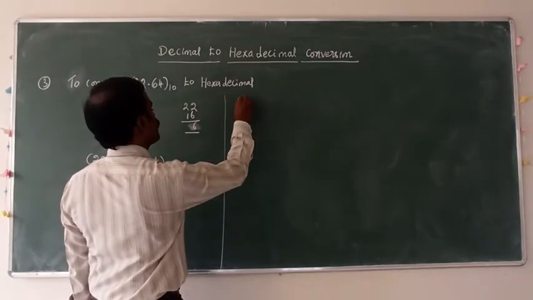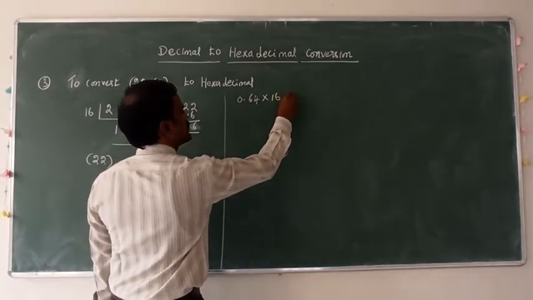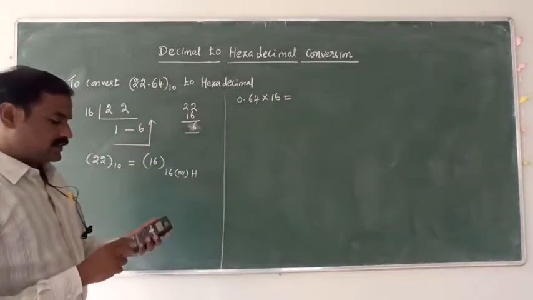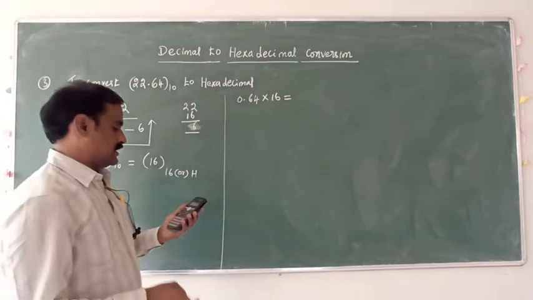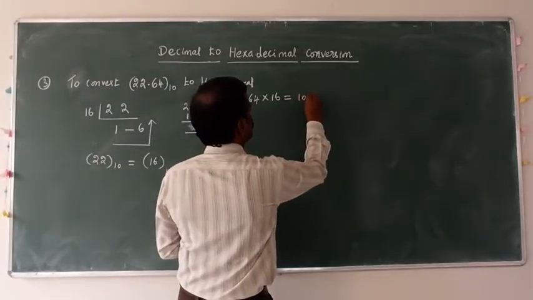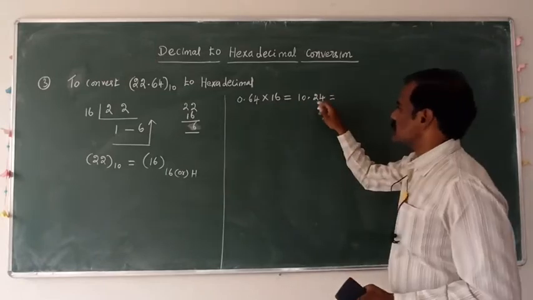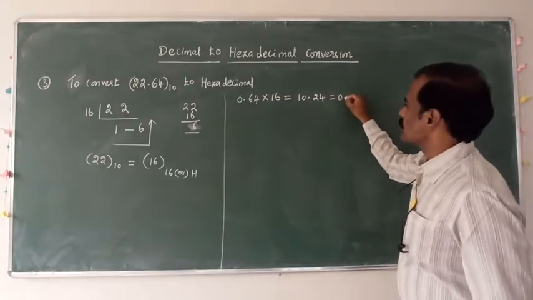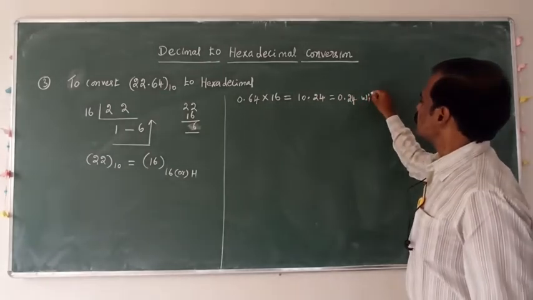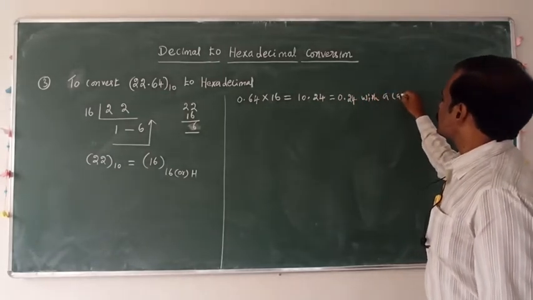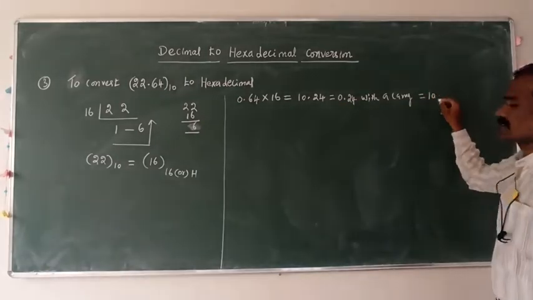0.64 into 16. Now the result is 10.24. Without the carry, we write .24, and the carry is 10.